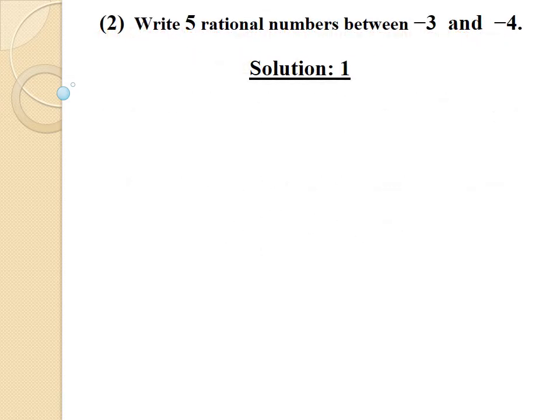Now, question number 2. Write 5 rational numbers between -3 and -4. Students, we know that -3 and -4 are integers and there is no integer between -3 and -4.